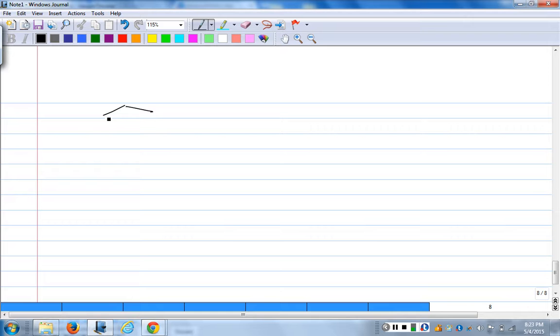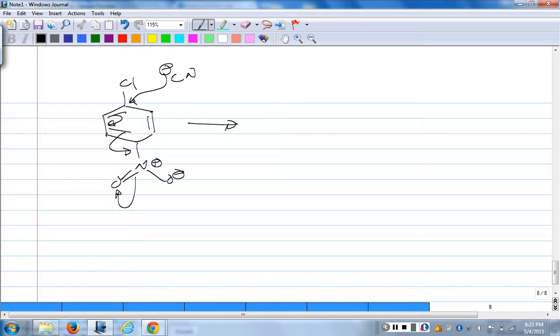Well, what happens is the nucleophile, actually, let's say it's cyanide, attacks the ipso carbon, which then dumps electron density, the influx of electron density, onto the waiting nitro group.